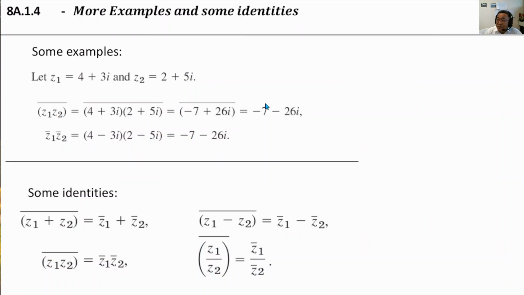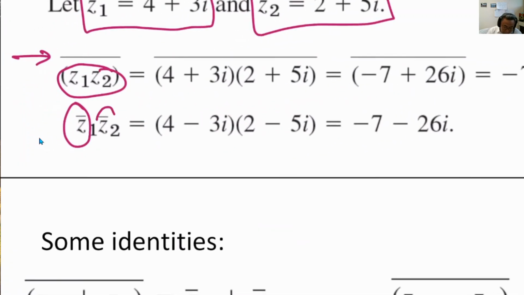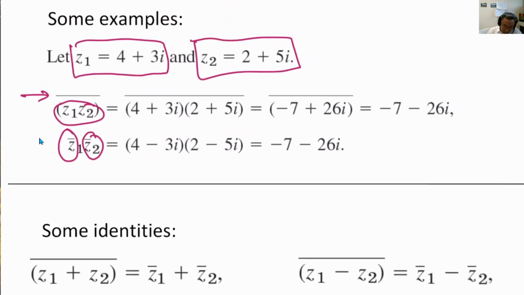And lastly, we have a concrete example of Z1 and Z2. Now we are going to do some operations on Z1 and Z2, first multiplying with each other, followed by the complex conjugate. That's the first example, as well as complex conjugating Z1 and multiplying by the complex conjugate of Z2.